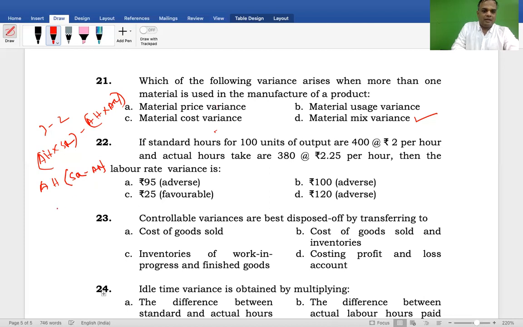Am I right or not? Yes, sir. How much are the actual hours? 380, into standard rate 2 rupees minus 2.25. So minus 0.25 into 380 is equal to how much? Adverse 95. So the answer is 95 adverse.